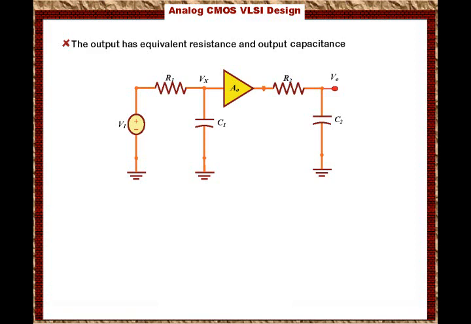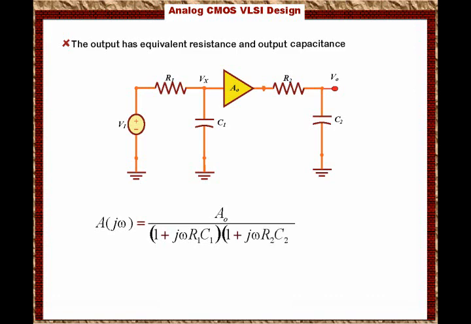Then the gain of this amplifier has two RC circuits, one at the input and one at the output. Then the gain will look like this. A of j omega will equal A0, which is the gain of the amplifier without any frequency, or the DC gain if you want to call it, divided by 1 plus j omega R1 C1, which is the RC effect of the input stage, times 1 plus j omega R2 C2, which is the effect of the output stage.